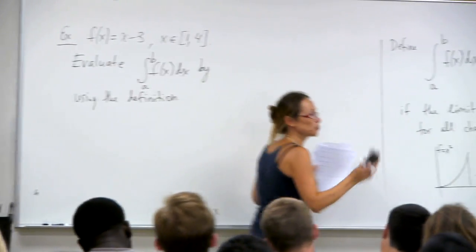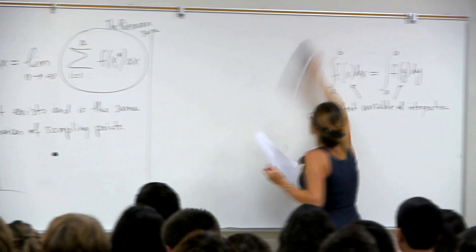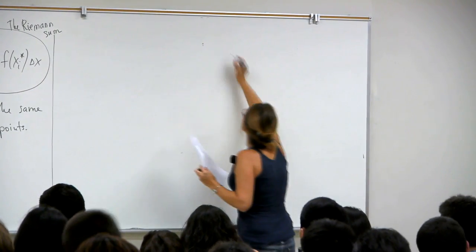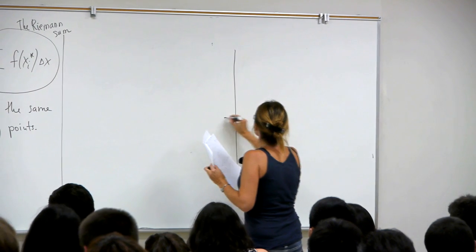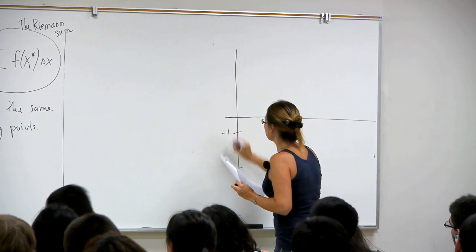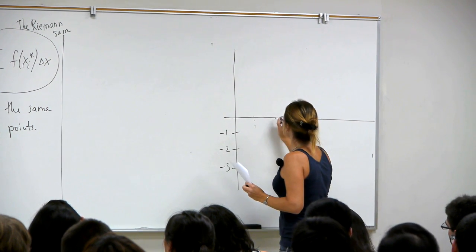Before I use the definition, I'm going to give you an answer. So this function is a straight line. And this is what allows me to give you an answer, or you're going to give me an answer. Okay?